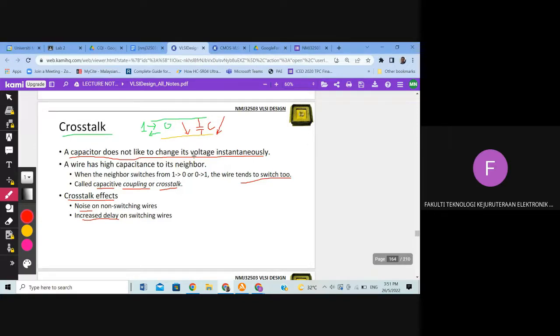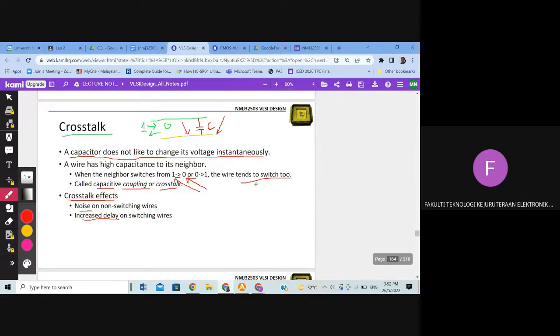So what is the relationship between voltage and the switching? Normally in switching, we have a voltage range to represent either logic 0 or logic 1. To represent logic 0 and logic 1 in a digital system, we normally use a certain level of voltage to classify between 1 or 0. For example, when a neighbor switches from 1 to 0 or 0 to 1, what happens inside the wire?